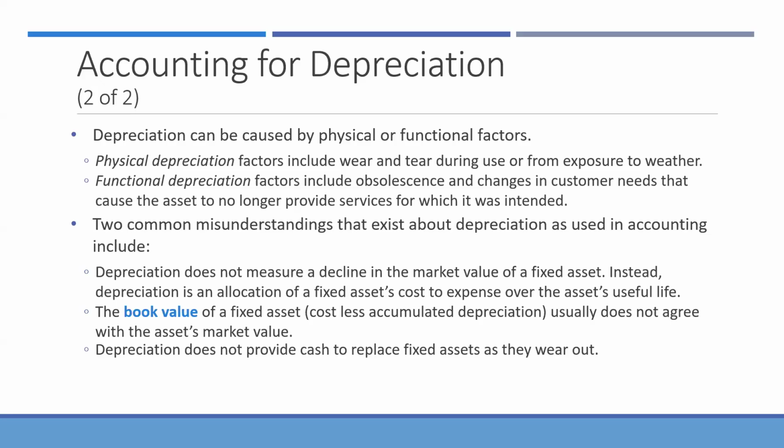Physical depreciation is the wear and tear on the asset just due to exposure, due to use, things breaking. And then the functional depreciation is obsolescence, changing customers' need, things that cause the asset to no longer be useful.